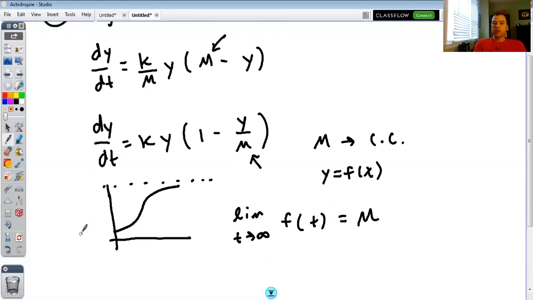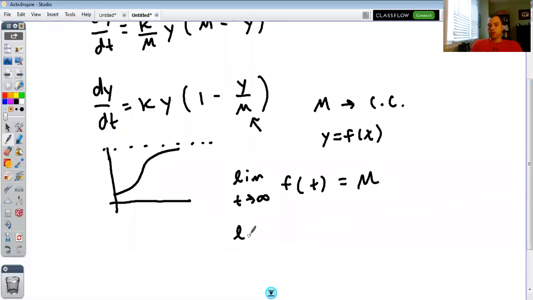So I'll call that M. The population will approach that horizontal asymptote as time goes to infinity. That's important for you to know. Second thing, what is the limit as time goes to infinity of the derivative, the diff eq? The diff eq as time goes to infinity will always approach 0, right? The slope is going to level off and approach 0.